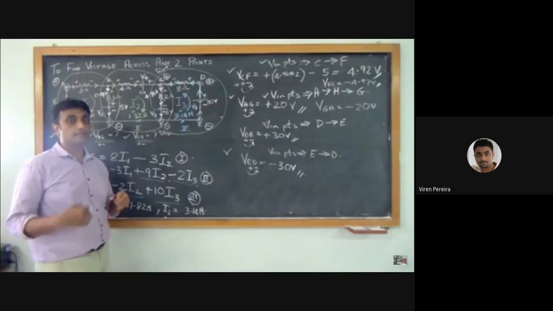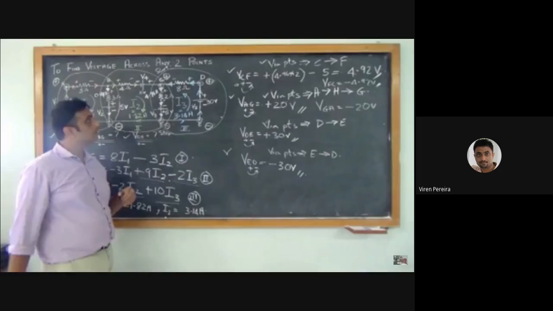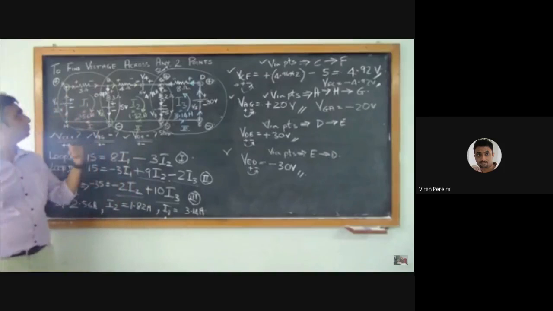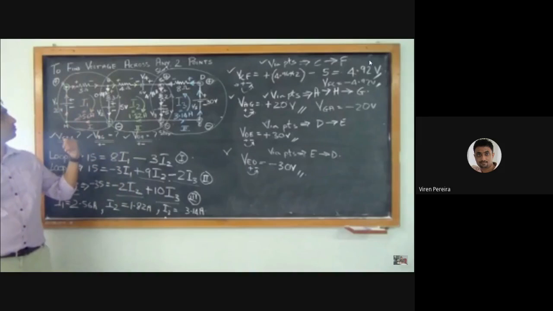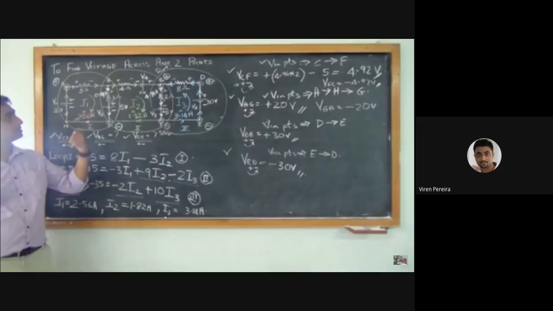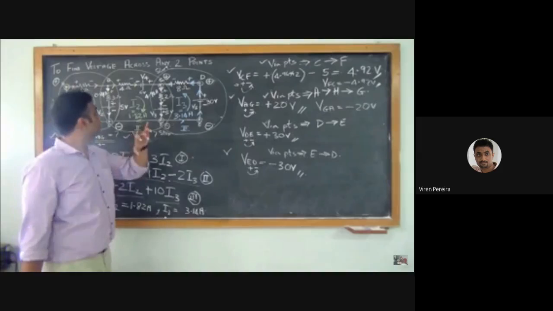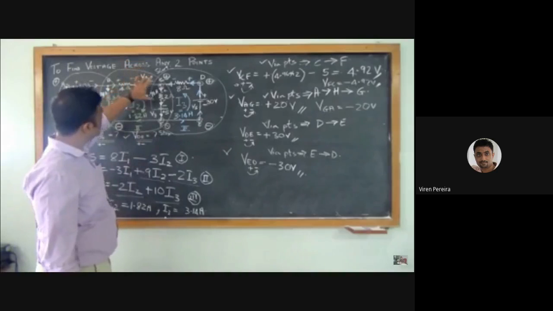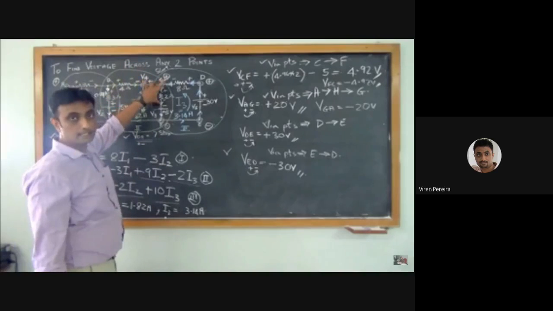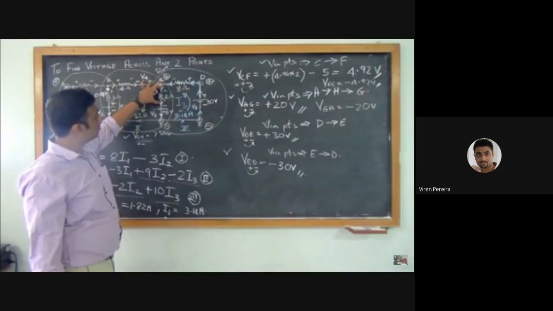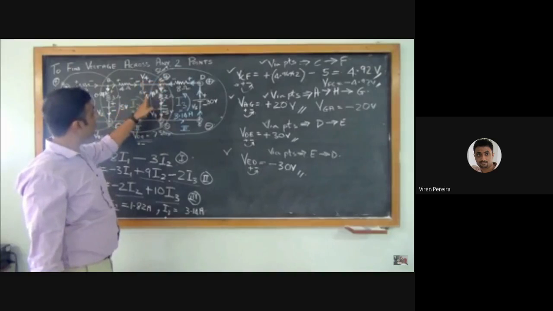So with this, we basically learn how to find out the voltage across any 2 points in a given circuit. Now say for example, if I want to find the voltage across this resistor, it will be what?